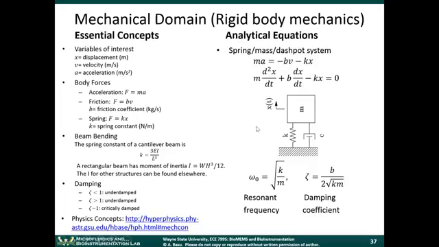This is a mechanical model. Let's say this mass was attached to the housing here, and this whole device was accelerated in the upwards direction, in the direction of x. The acceleration is happening in the positive x direction.